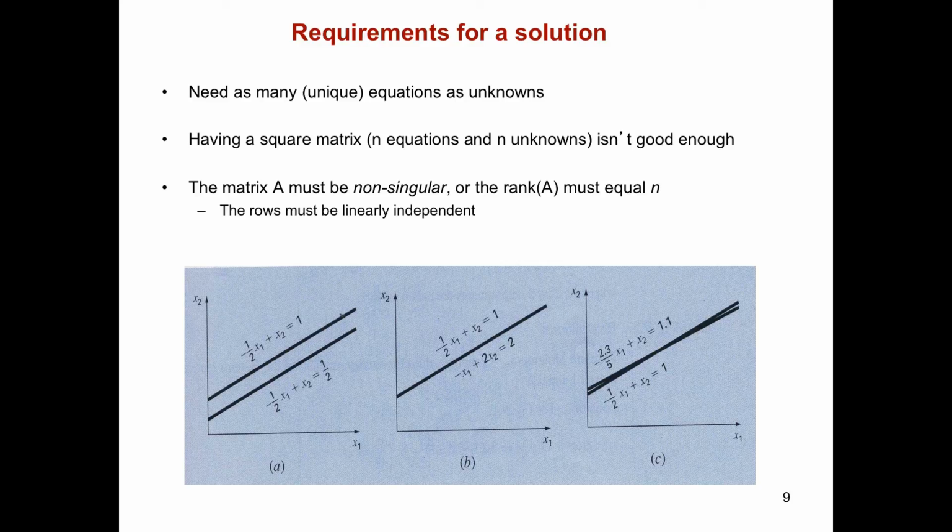So this is shown here. Again, if I have two parallel lines, I don't have a solution. I might actually collapse onto the same line, in which case I'm just multiplying one equation by a number. I could also be very close. Okay?